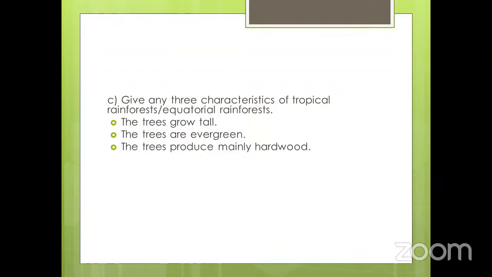Number 2. Who can read for us the second point? The trees are evergreen. We shall look at the reasons as to why they grow tall, why they are evergreen. We have the third one. Who can read the third one?